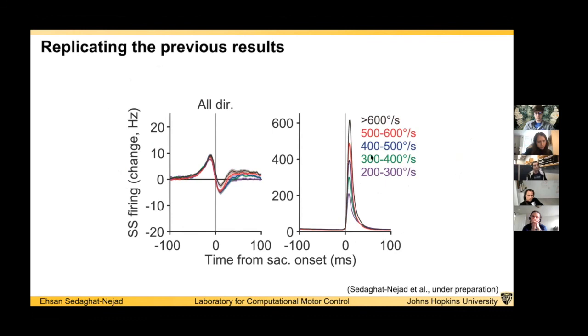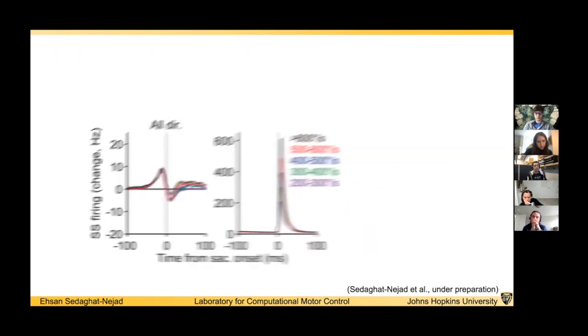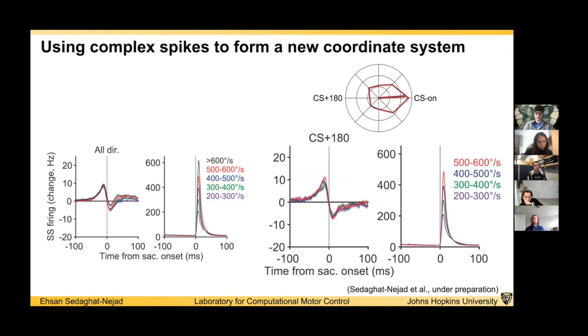If you mean peak velocity, our model has a linear relationship between the peak velocity and the peak firing activity here. It also has a linear relationship with the amplitude of the saccade. In that sense, it's very, very good. I cannot put a number on it because it's just a correlation to show that this model has a very good correlation in predicting those things. Did I answer your question? Yeah, thanks.